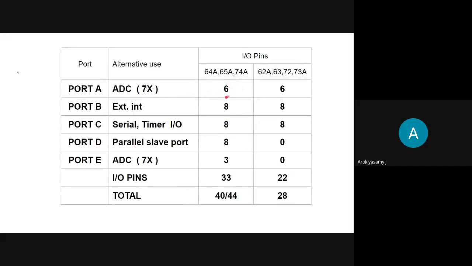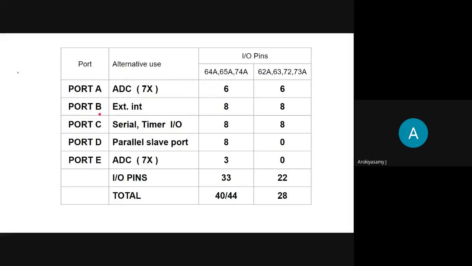That means they are used for port A function as well as ADC function. In the 6X series, exclusively these 6 lines are used for port A. That is the meaning.